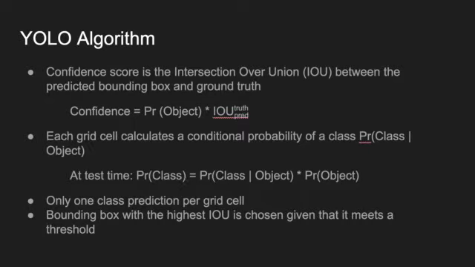And this is the formula we use: probability of class equals probability of class given an object times probability of an object. So while we detect two bounding boxes, only one class and one bounding box is chosen, and only if the confidence score is reached over a certain threshold. Again, this is one of the causes of the limitations that I mentioned earlier.